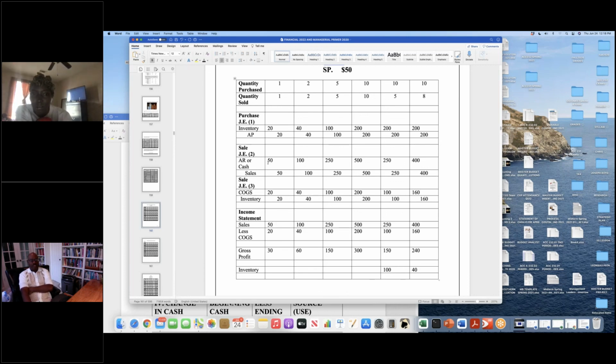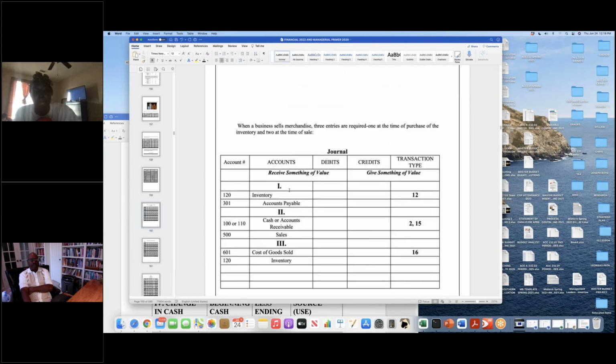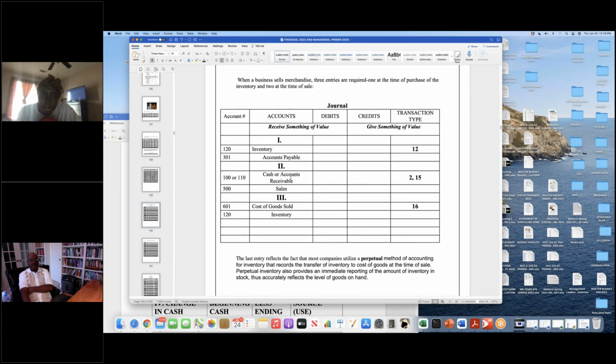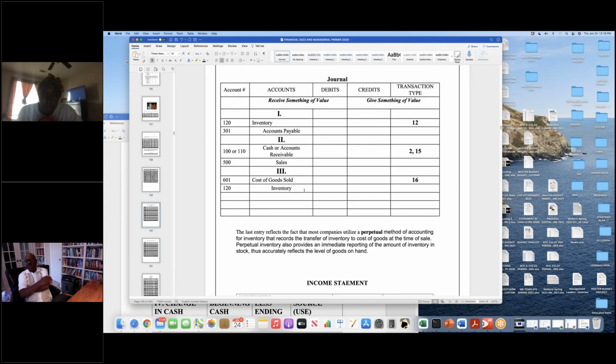That's correct. That's the 2. So you got two sales, and you got three purchases. You'll have this 3 times. Then you got two sales, one for cash and one on account. But every time you sell something, you have to come up with the cost. And you didn't sell it all.